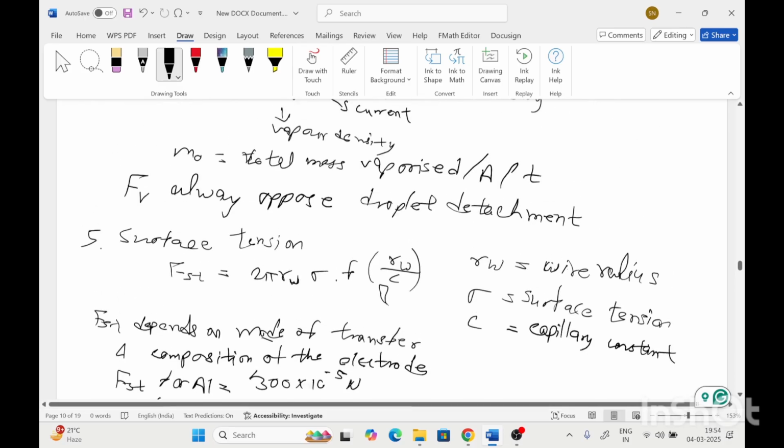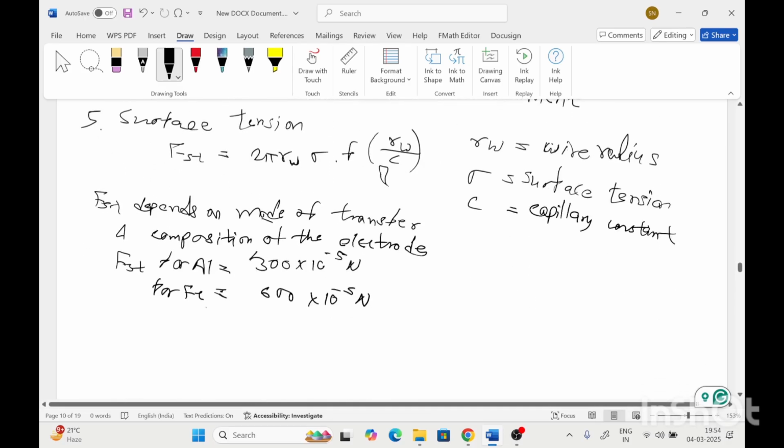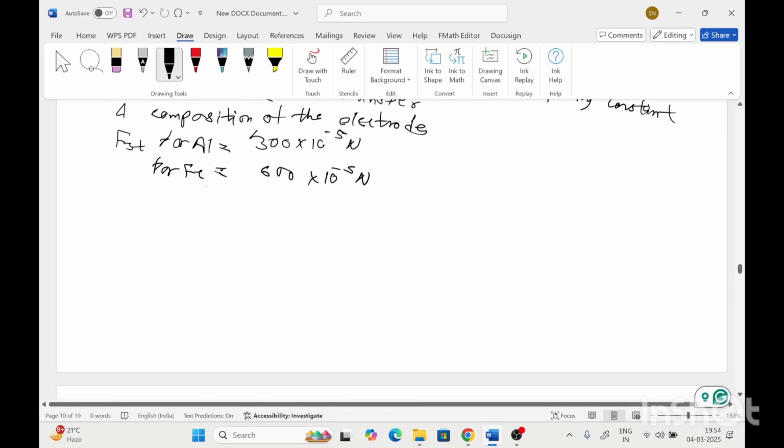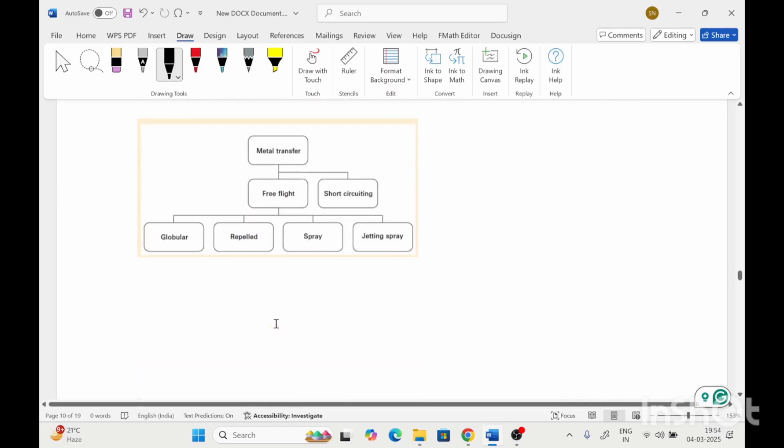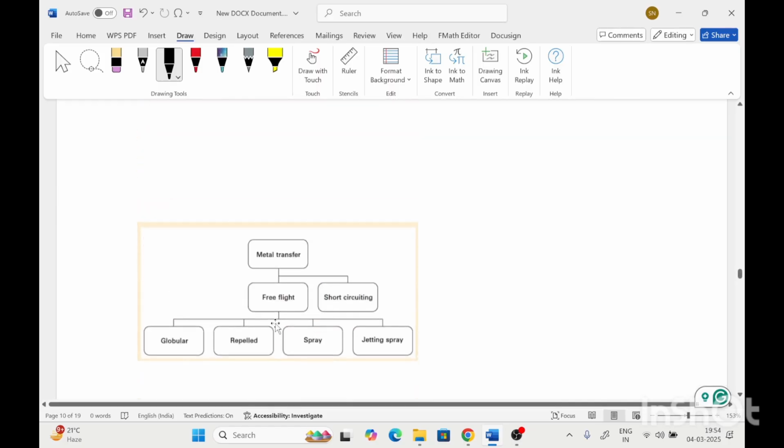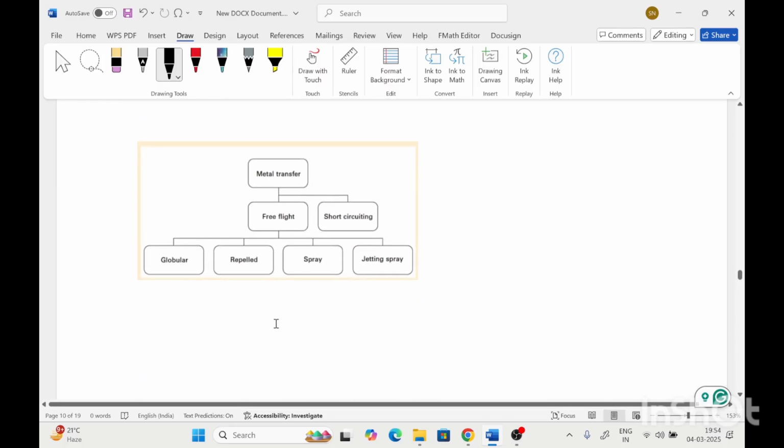Based on the imbalance of these five forces, we have different types of metal transfer. Metal transfer can be divided into two types: free flight or short circuiting. Free flight is further classified into globular, ripple, spray, and jetting spray.